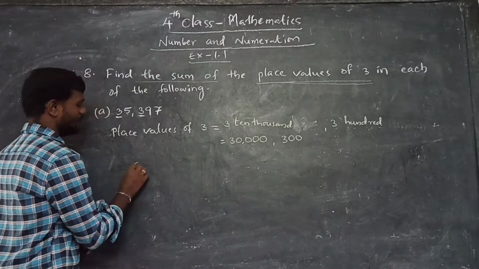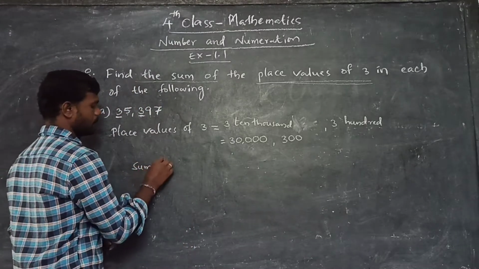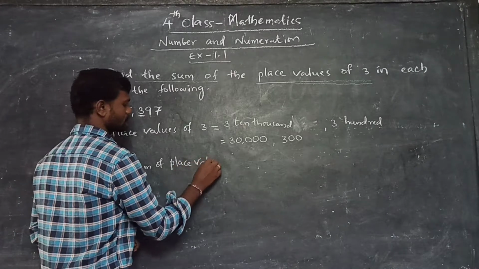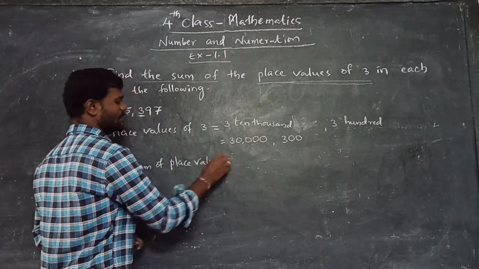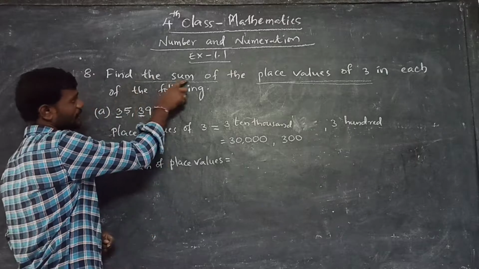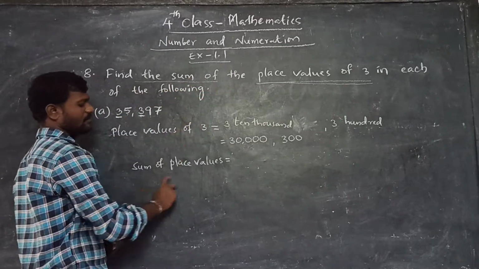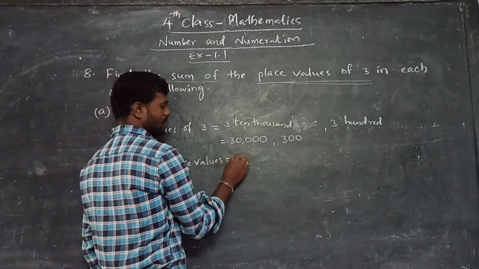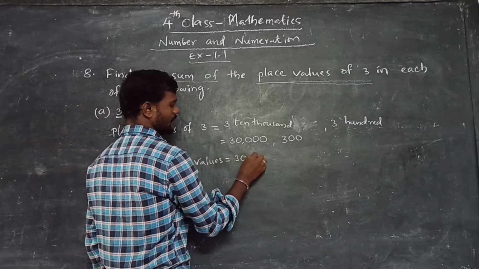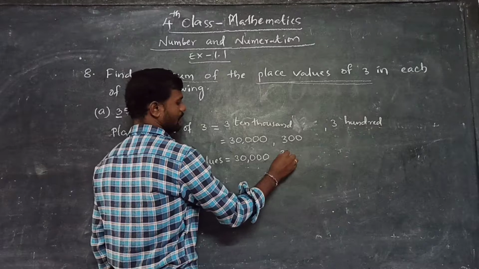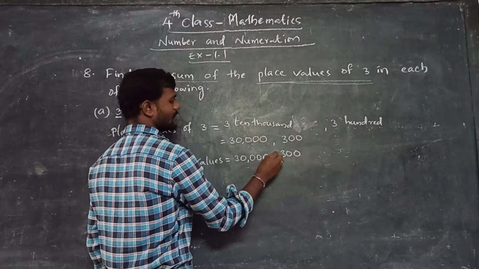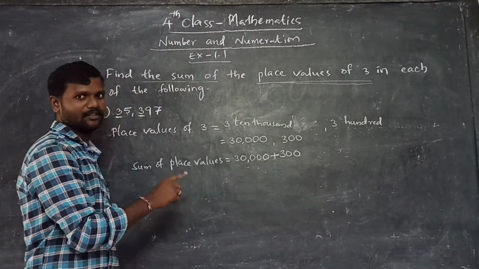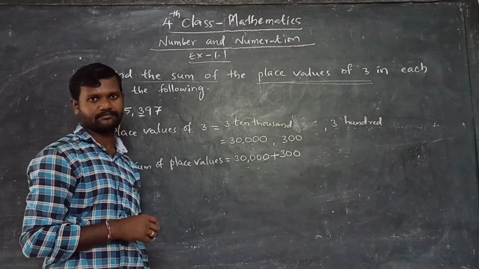Now sum of place values. He asked us to find the sum of the place values. That's why we want to find the sum of the place values. What are the place values we got? 30,000 and 300. Sum of them means what we have to do? Addition. So 30,000 plus 300.